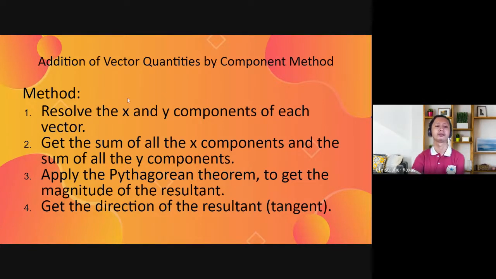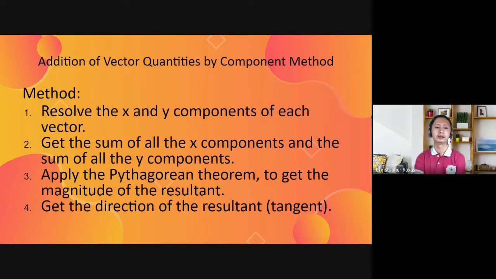Okay? Second, we get the sum of all the x components and the sum of all the y components. And then third, we apply the Pythagorean theorem to get the magnitude of the resultant. And last, we get the direction of the resultant, using the tangent function. Okay?